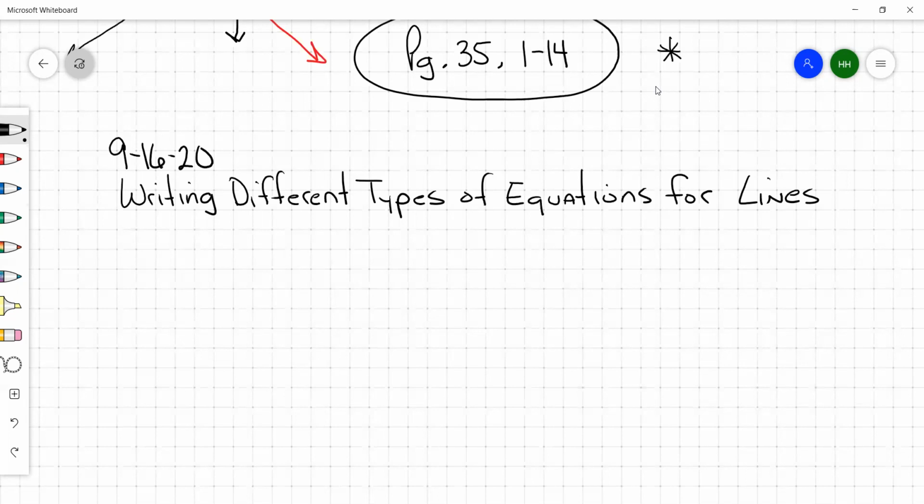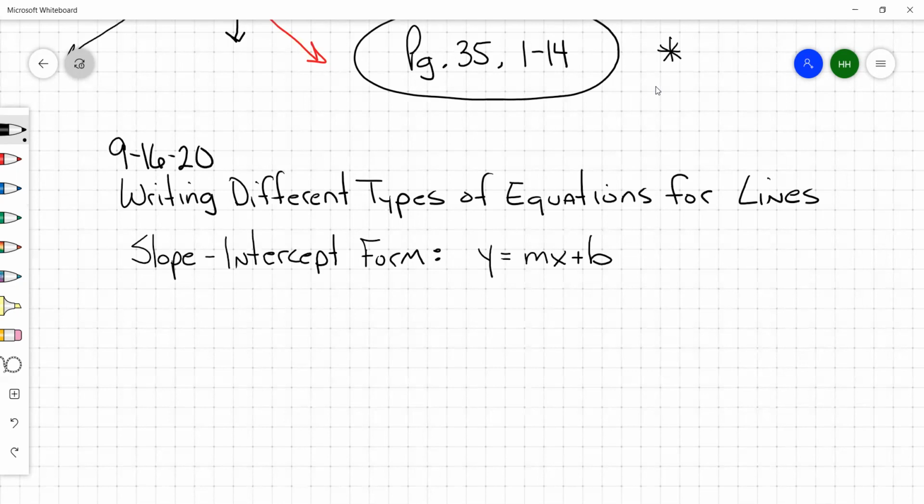And hopefully from yesterday you remember that we've got slope-intercept form. Slope-intercept form looks like y equals mx plus b.